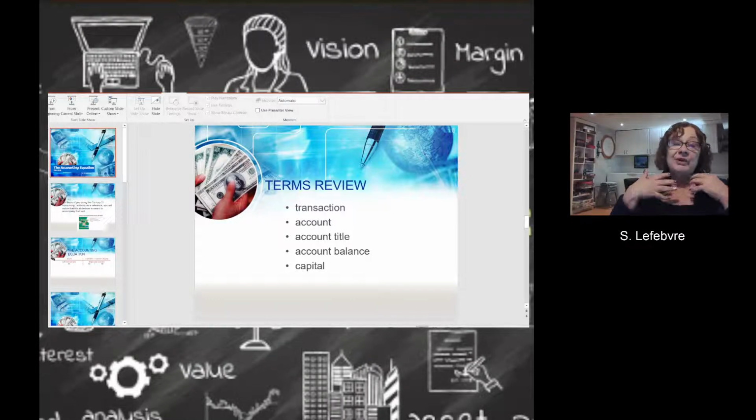So those accounts that we're using to keep track of values. And then the account title is, of course, the name we have given it. And then we're keeping a running balance, right? So we know what is in that cash account at all times. And then capital is, of course, our owner's equity or net worth.